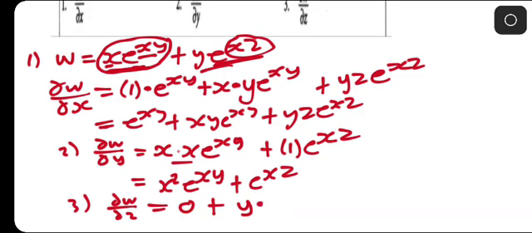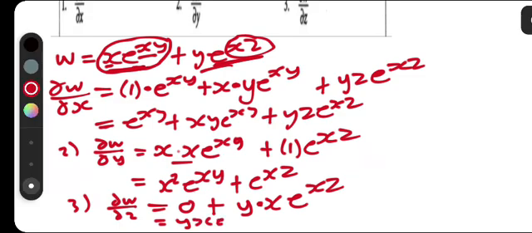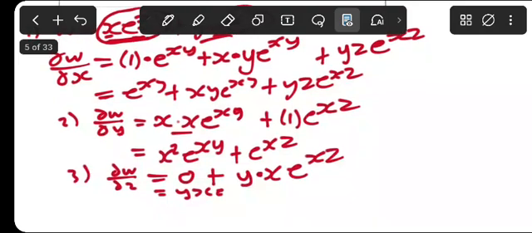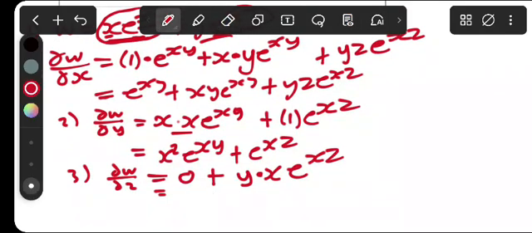You multiply by x, then it would be e^(xz) like this. Then this will simply equal y x e^(xz) like that. So this is what we have so far.